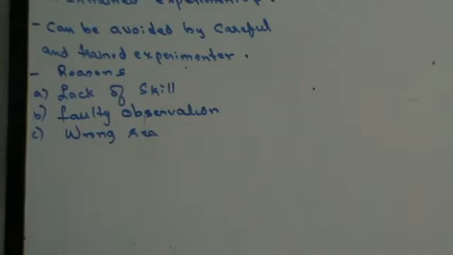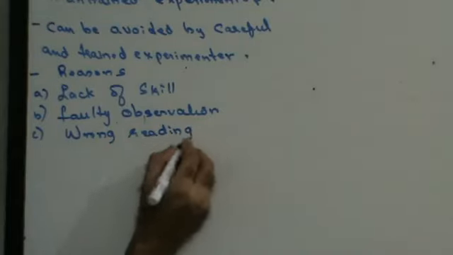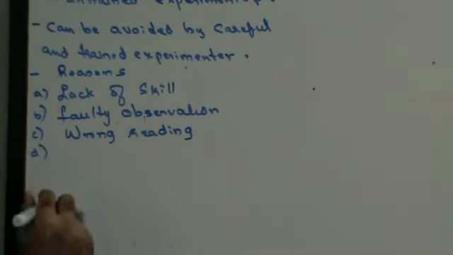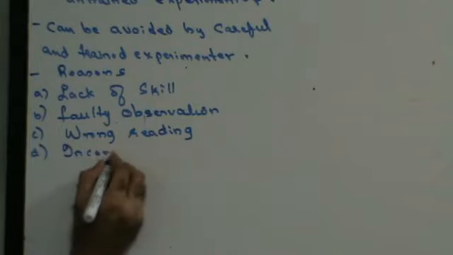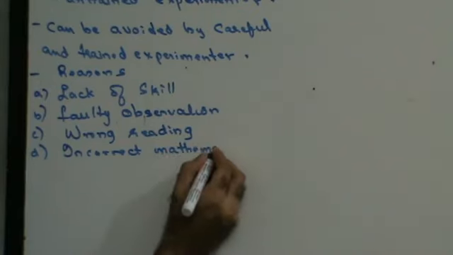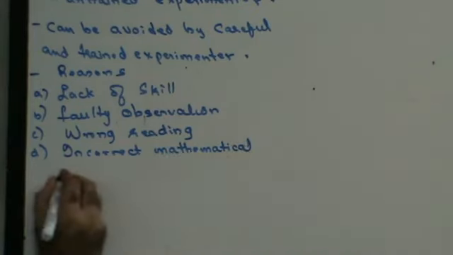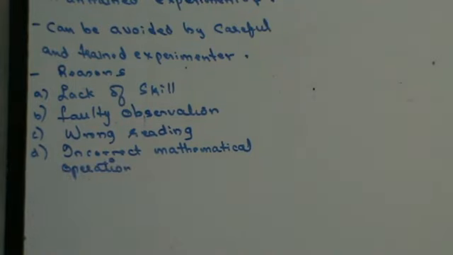You've read it correctly from the instrument, but you're writing it wrongly in your book. And the last is incorrect mathematical operation. You're not performing your calculations correctly. So these are the reasons which cause a mistake.